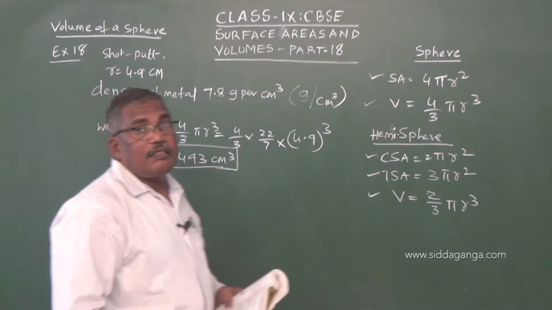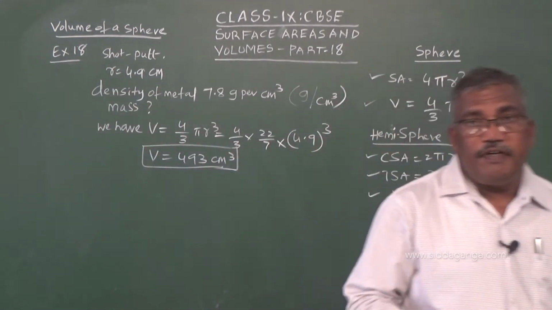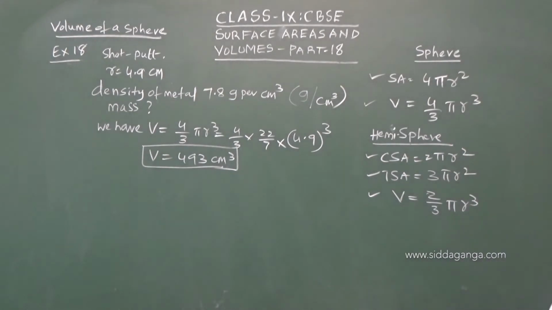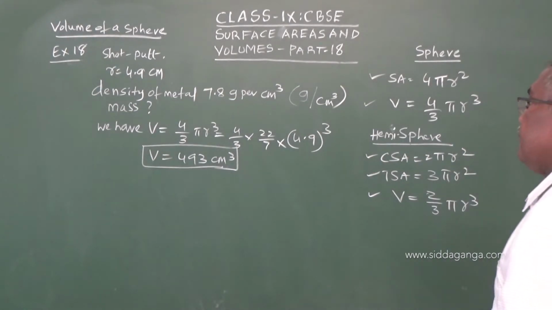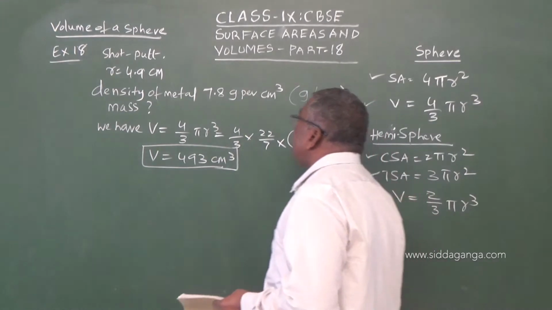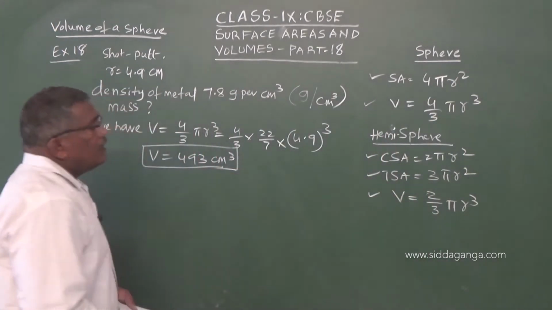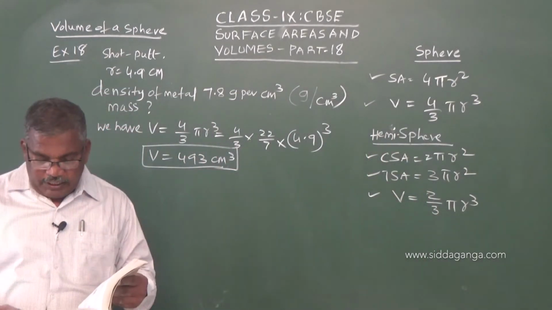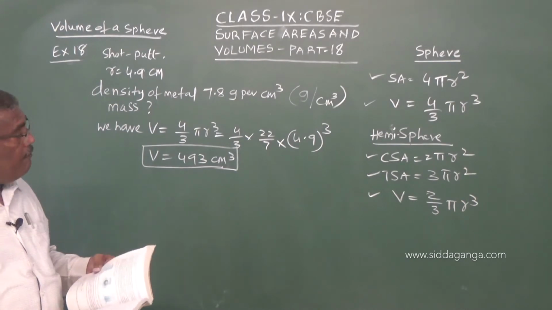So mass. The density of the metal they have given is 7.8 gram per centimeter cube. So we have to calculate the mass.